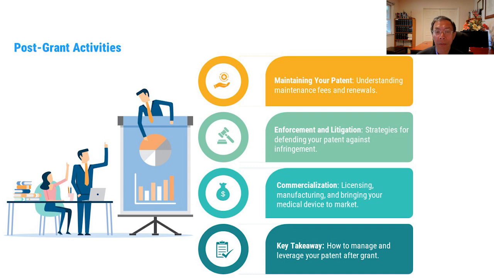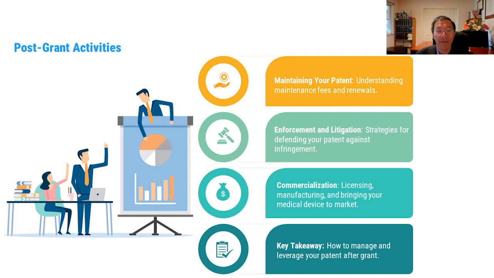You need to stay informed about the activities of the competitors, and this includes tracking their new product releases, their patent filings, and any legal actions relating to patents. You should continuously assess the overall patent portfolio and consider filing additional patents for improvements, new features, or related technologies that may arise in the development of new versions of your medical device.